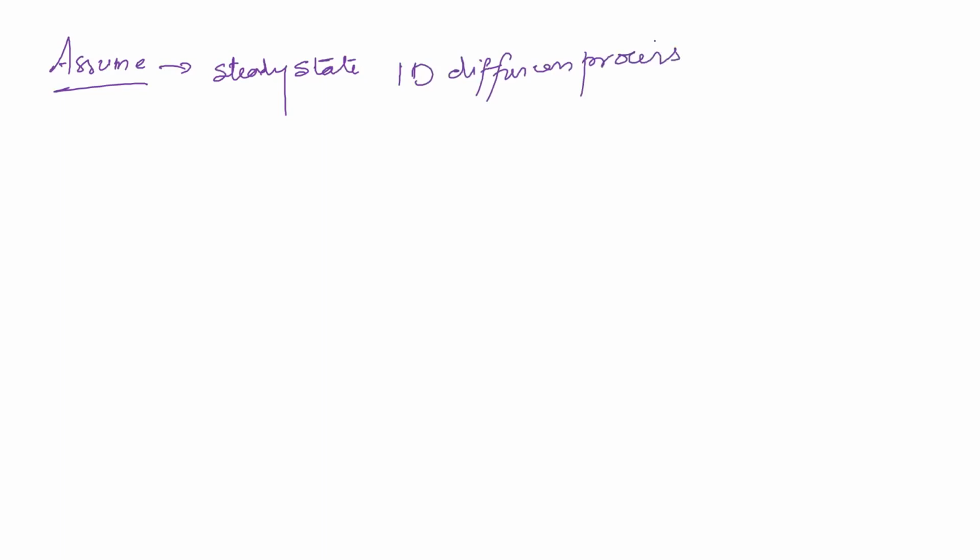First of all, let us assume steady state conditions, a 1D diffusion process, constant properties, and uniform temperature and pressure throughout the column.